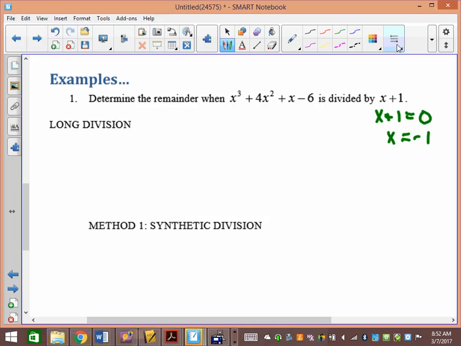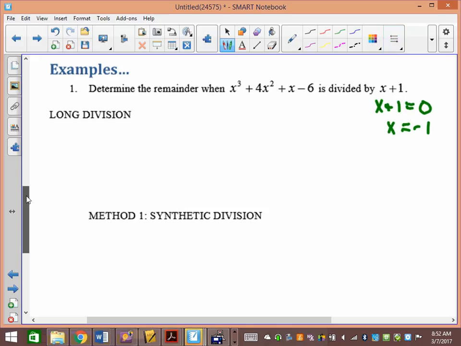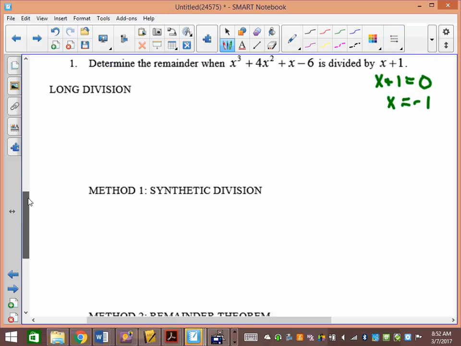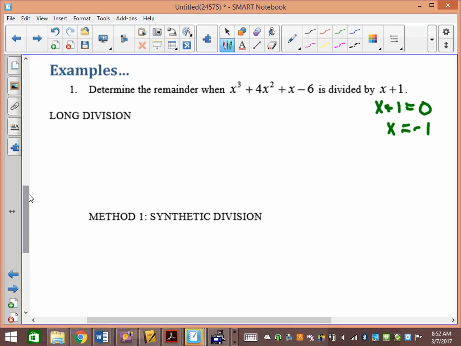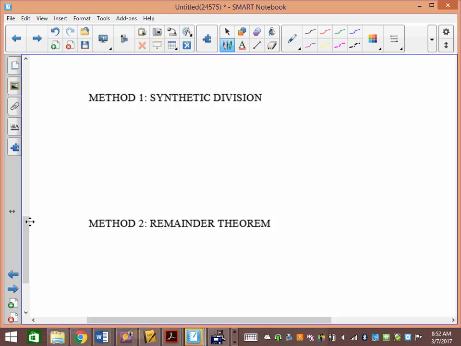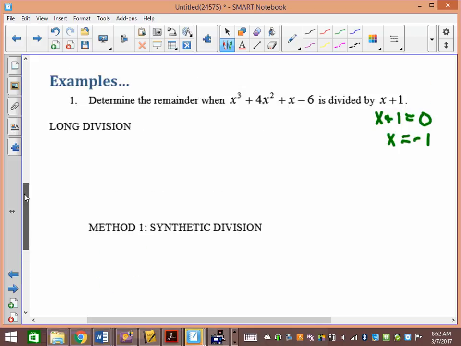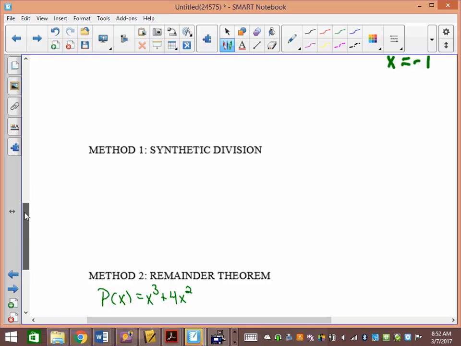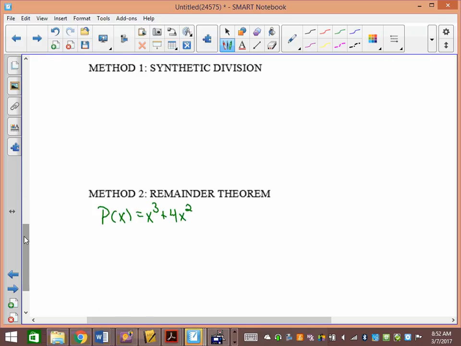Okay, so what does that mean? Well, the remainder theorem states that if I plug in that x value, that x equals -1, for all the x's, I get my remainder. So I could rewrite this as p of x equals x cubed plus 4x squared plus x minus 6.